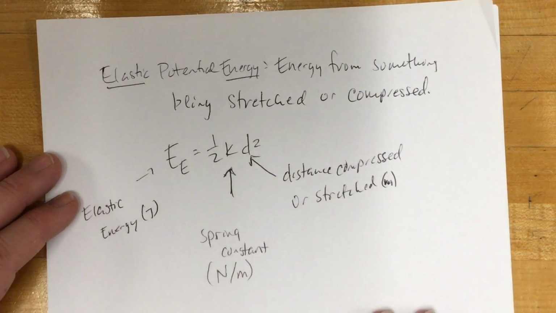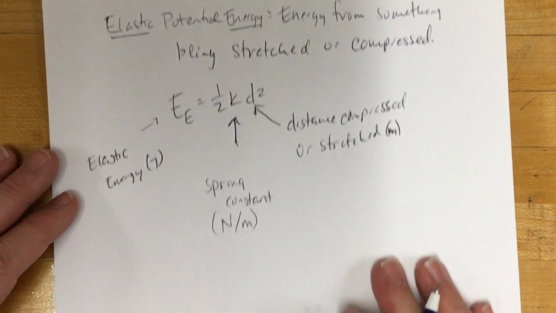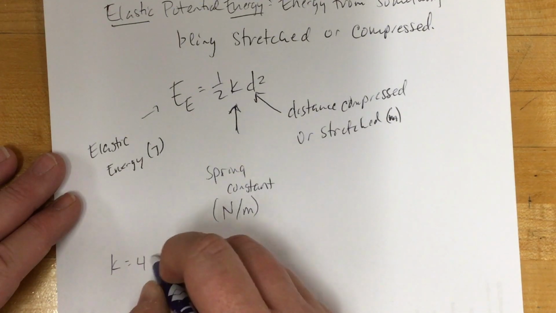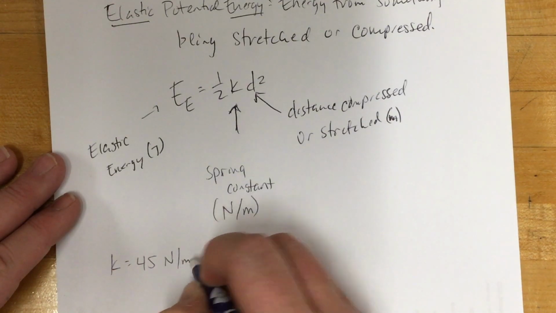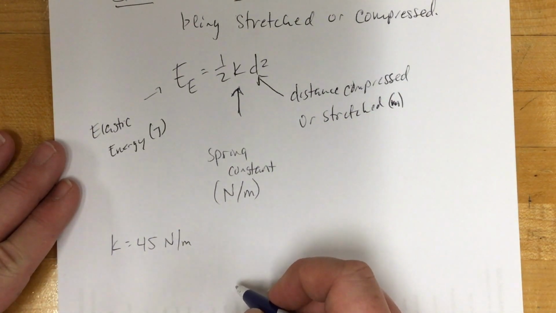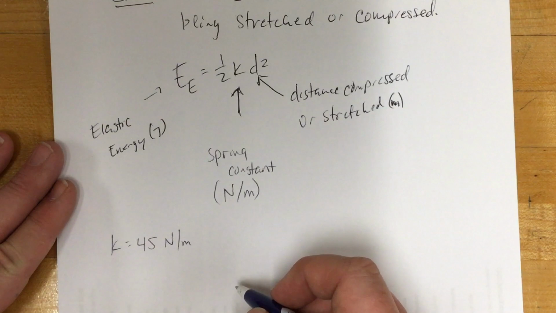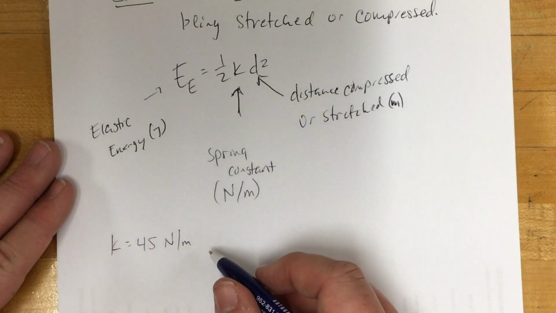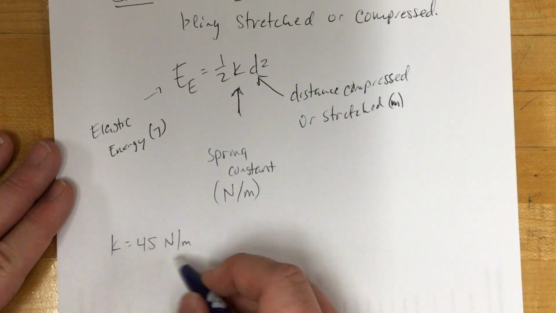So you might see a problem like this, where you have a spring constant that has a K of 45 newtons per meter. That means it will take 45 newtons to stretch that spring 1 meter if you can stretch it that far. It breaks down by centimeter, even smaller if needed, but that's what the measurement shows up as.